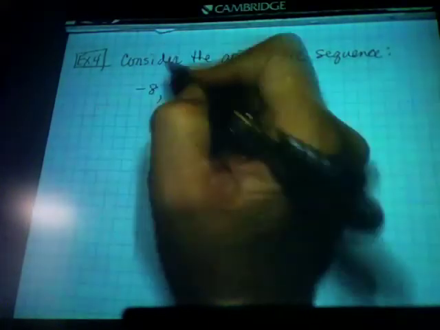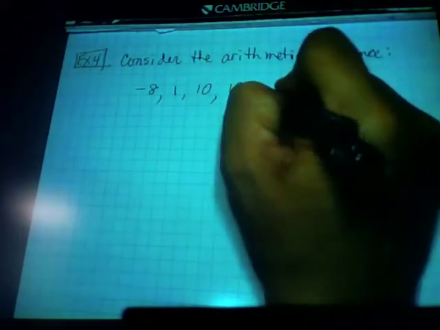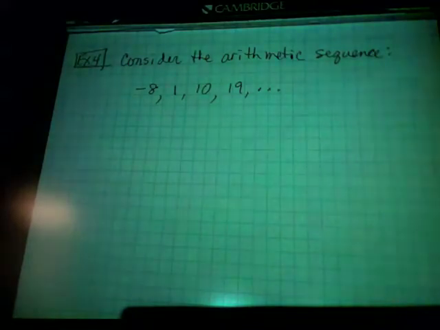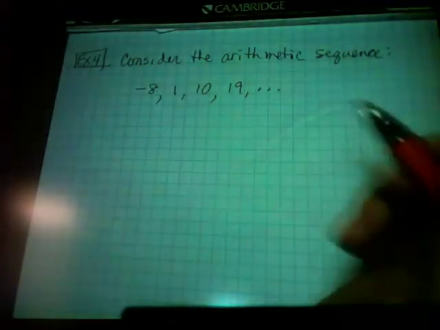Okay, so we have negative 8, 1, 10, 19, ... So there's your sequence. Is it arithmetic? How do we know? Because it's the same. Okay, it goes up by 9.